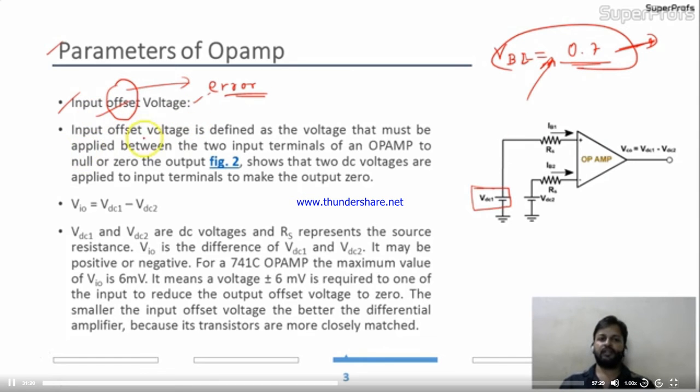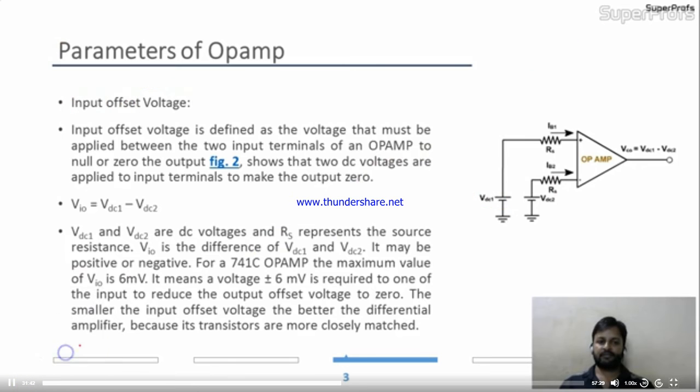Input offset voltage is defined as the voltage that must be applied between the two input terminals of an op-amp to null or zero the output. Two DC voltages are applied to the input terminals to make the output zero. Suppose we are applying from outside VDC1 and VDC2, so the effect of the undesirable signal should be nullified.